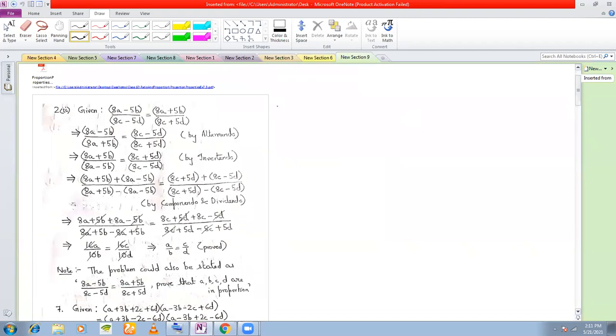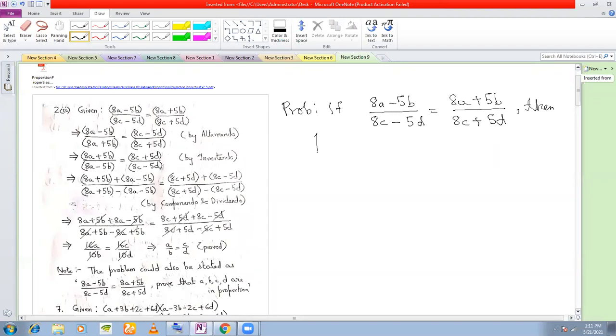The question is, if 8a minus 5b by 8c minus 5d is equal to 8a plus 5b by 8c plus 5d, then prove that A, B, C, D are in proportion. This is the problem. Let's see how to solve this.